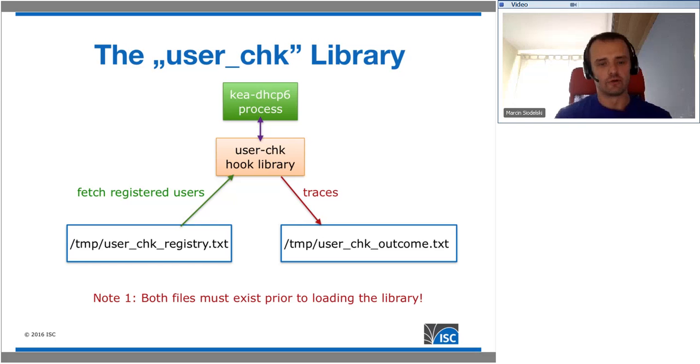From the former one, the user check library will be fetching registered users, as simple as that. And the latter one will be used to output some traces that the user check library generates during its operation.